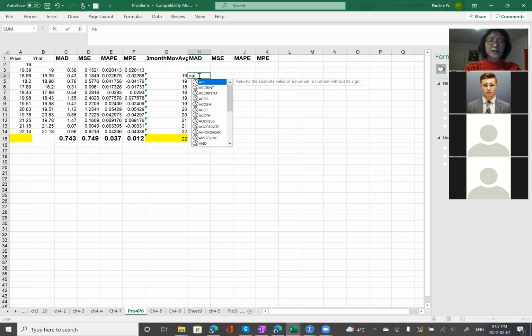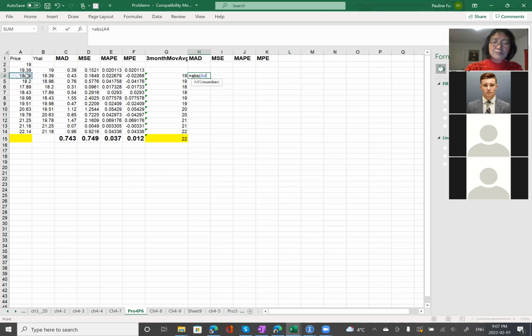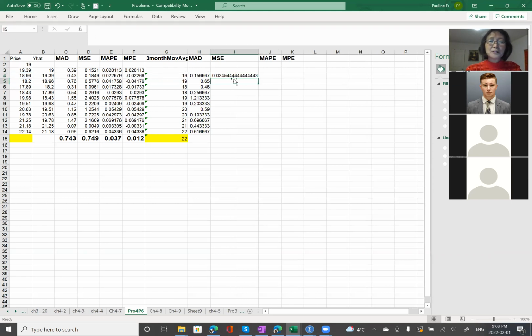So ABS, this is Y minus Y hat. Then copy down. And then do MSE. MSE is YT minus YT hat, squared. And then copy down.